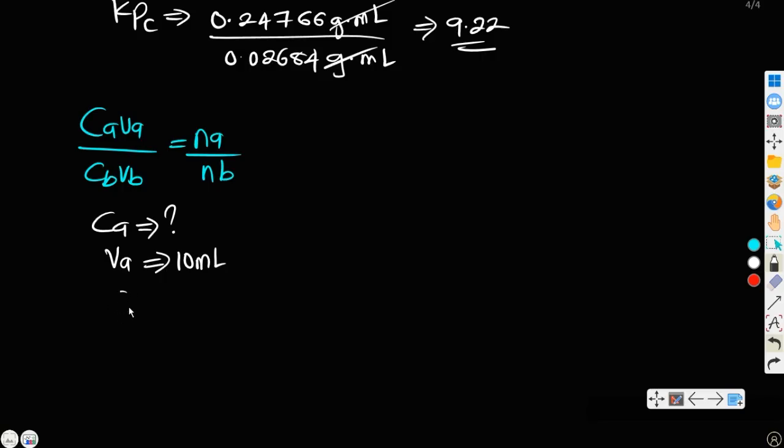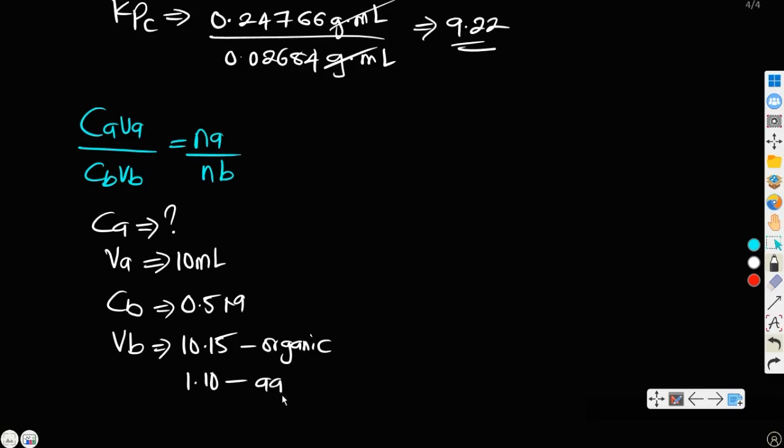The concentration of the base is 0.5 molar, and then the volume of the base was the titre volume you got. The titre volume was 10.15 for the organic phase, and then 1.10 for the aqueous phase.